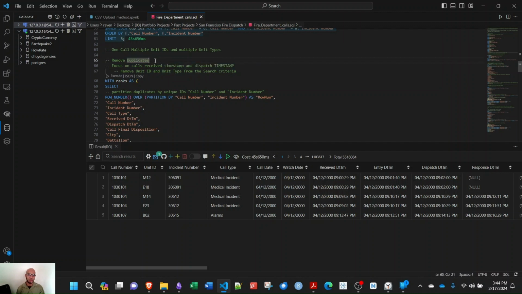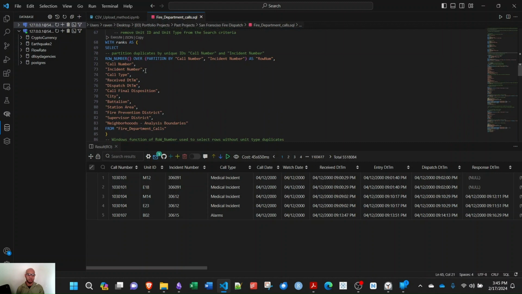I'm going to remove duplicates, and I'm also only going to focus on the timestamps I care about. That's my dispatch timestamp and my call received timestamp here, received. How I do that is with another CTE. So with ranks, looks like I'm using the rank or row number window function.